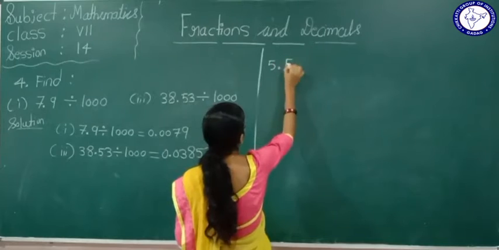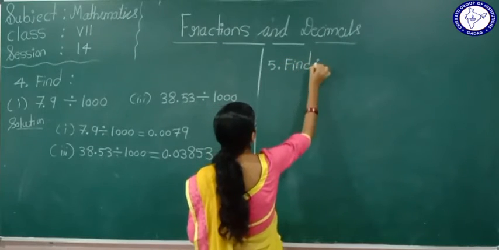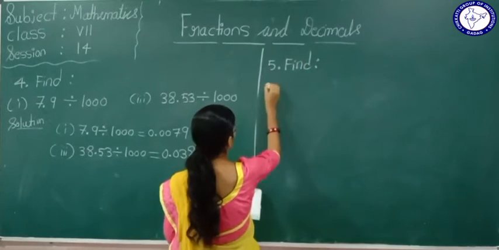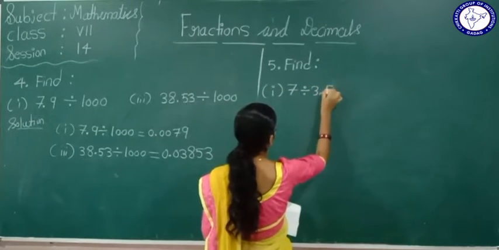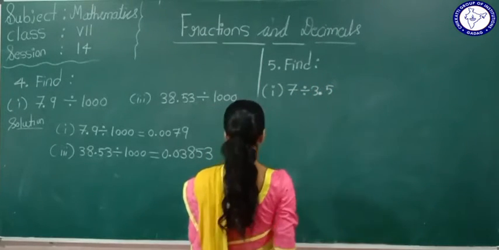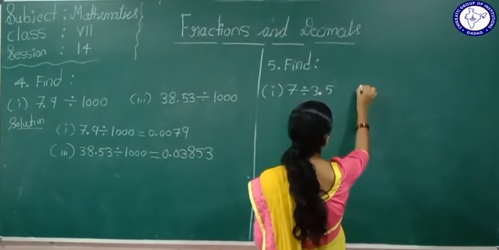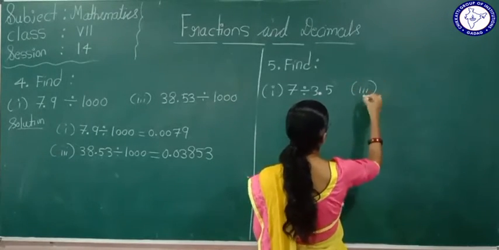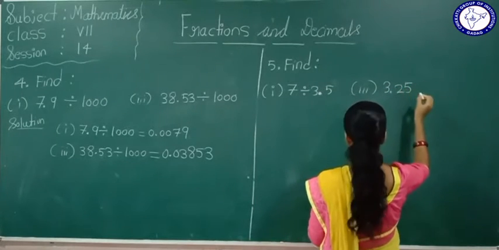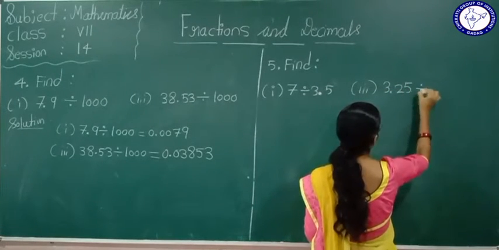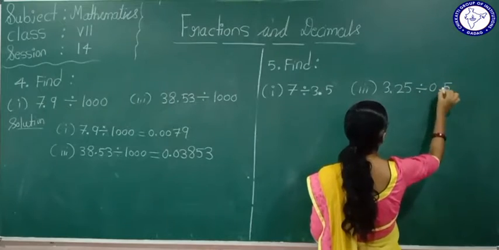So, say fifth one, find 7 divided by 3.5. Third one, 3.25 divided by 0.5.